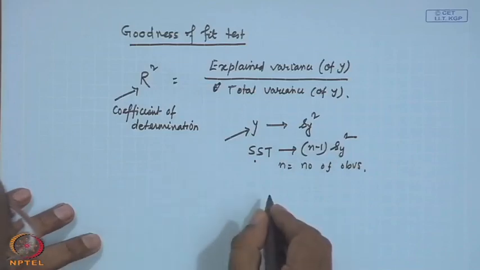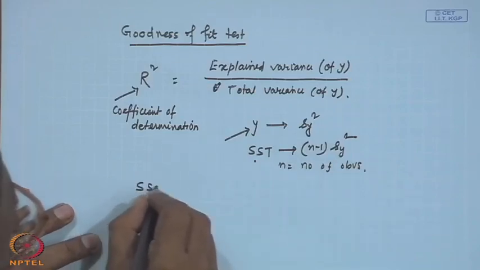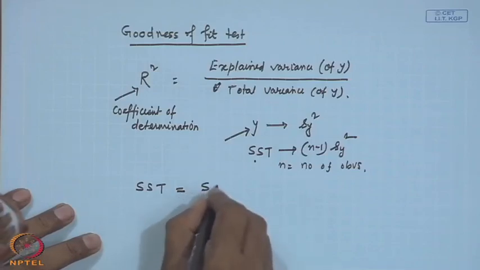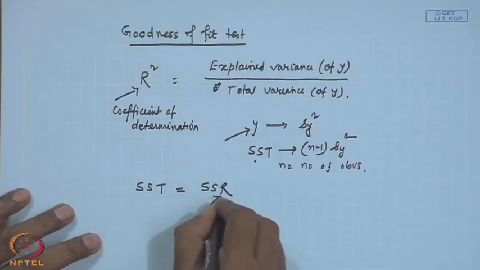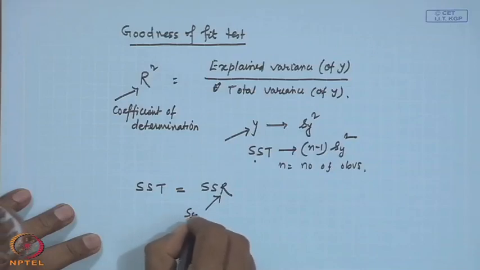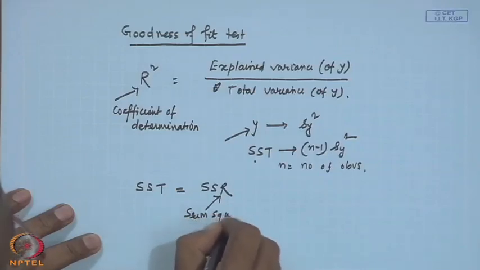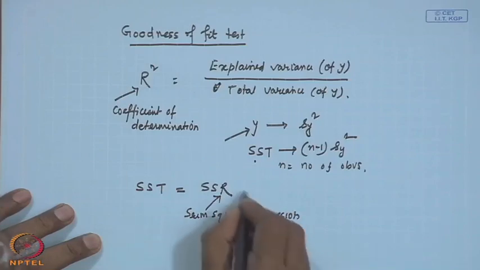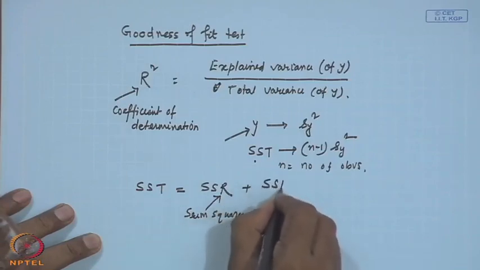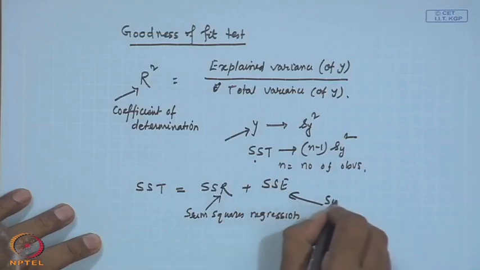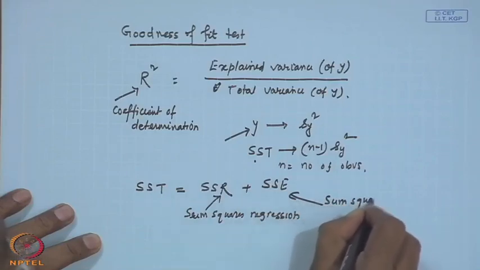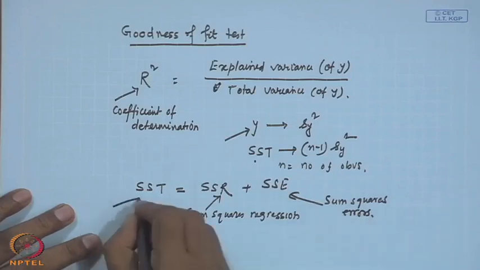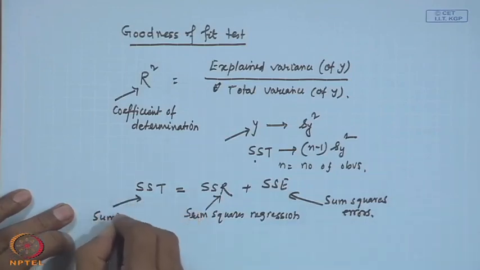So SST can be decomposed into SSR, where R stands for regression, that is sum of squares regression, plus what is unexplained, that is sum of squares error, and this one is the sum of squares total.